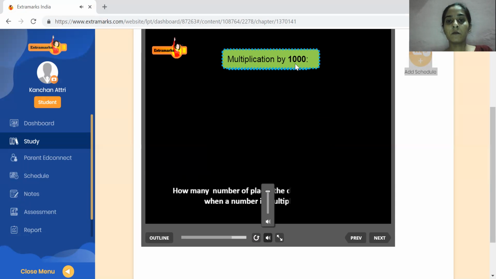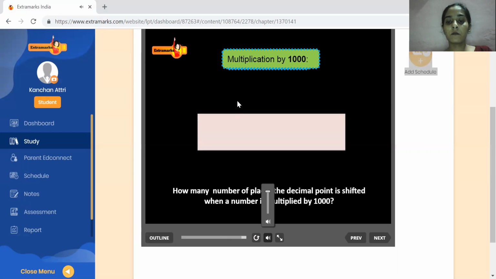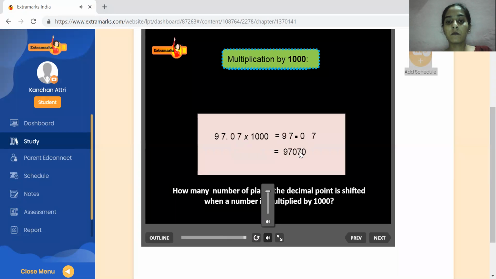Try to guess how many places the decimal point is shifted when a number is multiplied by 1000. Since there are three zeros, we move the decimal point three places to the right. As there are no digits after 7, we add a zero after it to get the product 97,070. Yes, class, I hope you all understand.